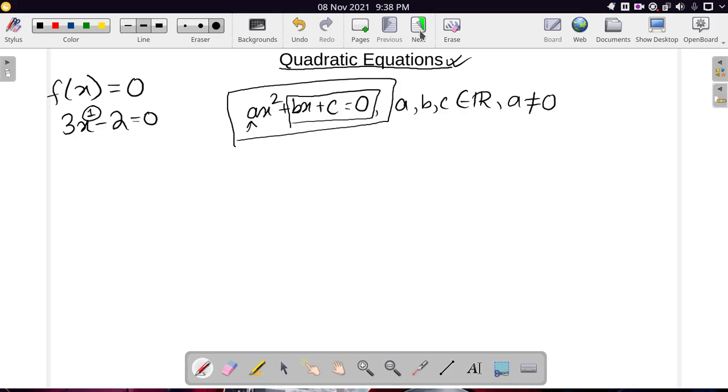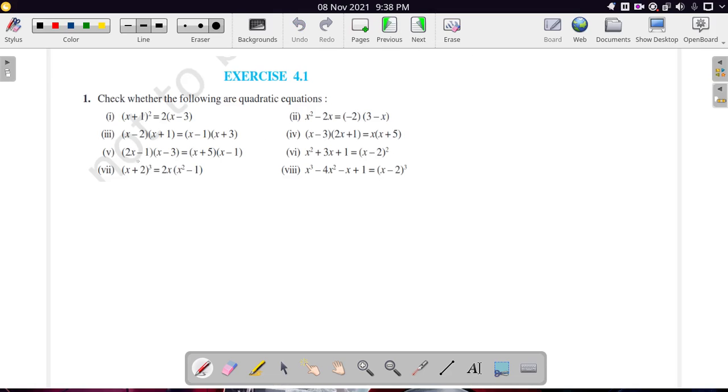Now let us look at some examples. These are some particular sums where we have to distinguish whether they are quadratic equations or not. Let us look at the first one. Question number 1 says (x plus 1) whole square is equal to 2x minus 3. Now let us expand the brackets.